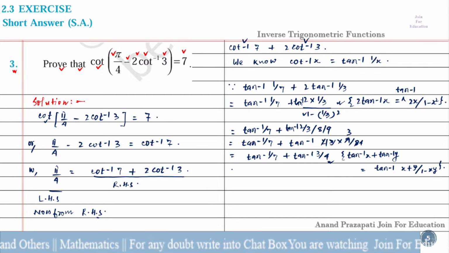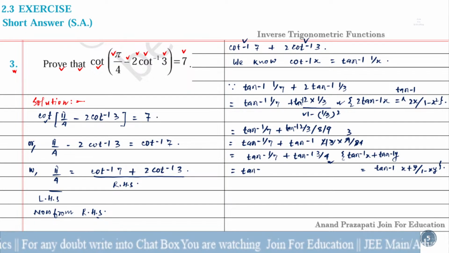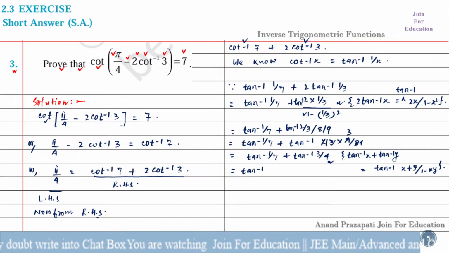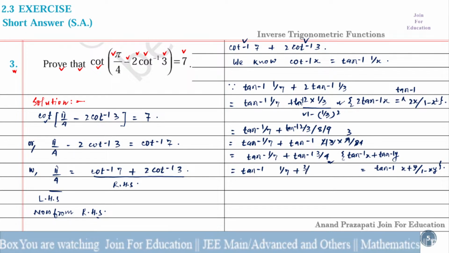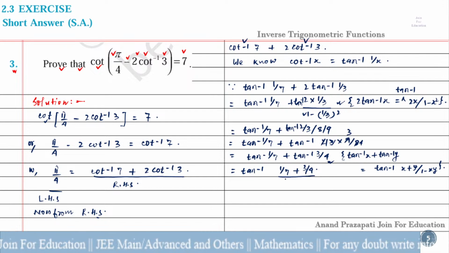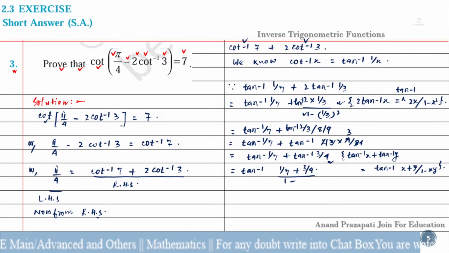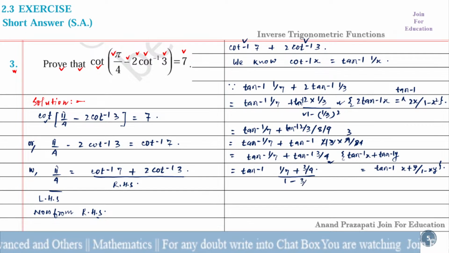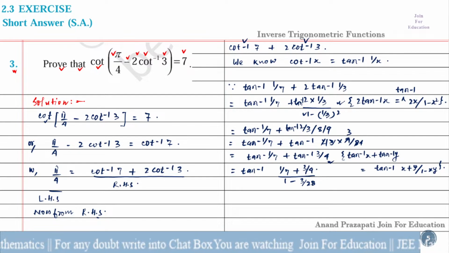So here will be what? Tan inverse 1 by 7 plus 3 by 4 by 1 minus 3 by 28. Hope there is no problem understanding up to this step.